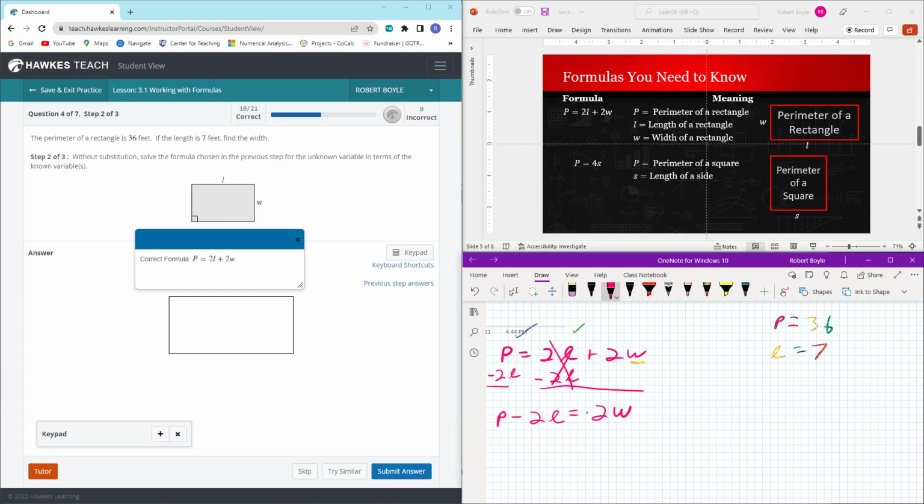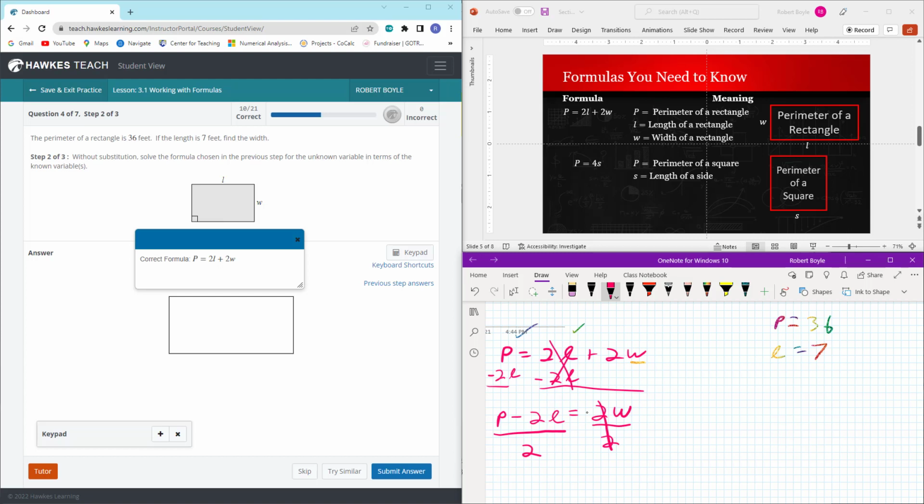Once we have that, now we need to get rid of this coefficient. We can get rid of that coefficient using the multiplication property of equality. Specifically, we need to divide this side by 2. Now, if we're going to divide this side by 2, then we also need to divide the entire side, the whole thing here, by 2. And if we do, well, this cancels.